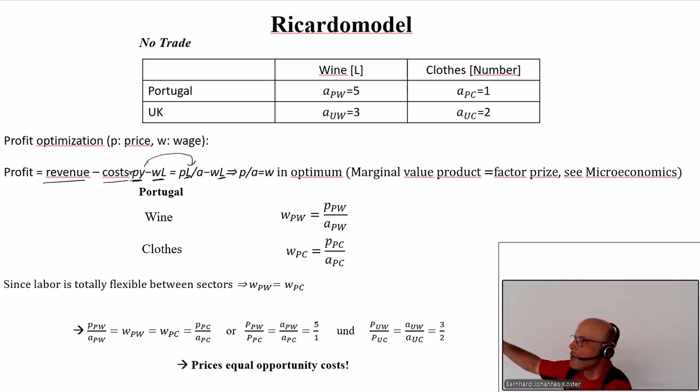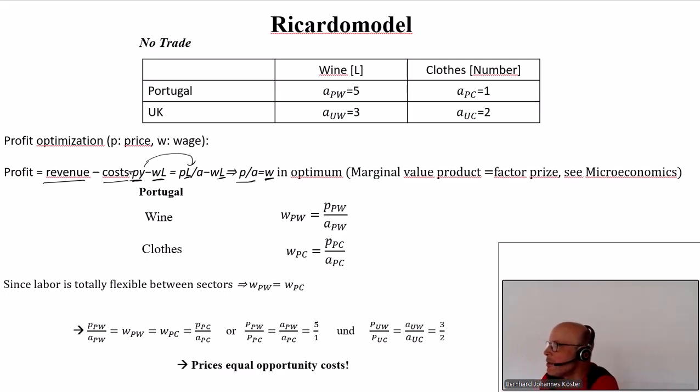This we can take out of the brackets. And we know in optimum already profits are 0, setting the optimum level of profits to 0. Then, since the L cancels out, we directly obtain the wage is P over A.